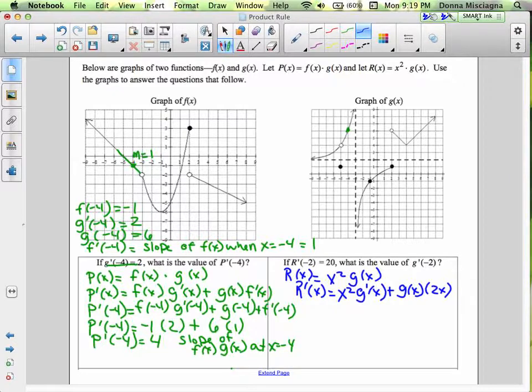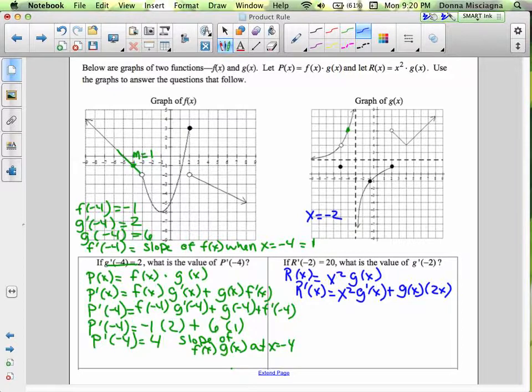Now we need to get all our values. Well, x is probably the easiest thing to figure out. It's -2. They gave us that one. It's everywhere, so that was an easy one to figure out. Now we need g prime of x. Or excuse me, sorry about that.